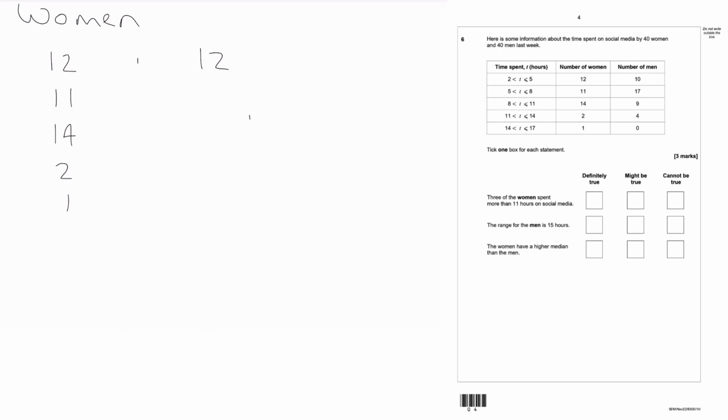So our first total is just 12 because we obviously started from 0. We then add the next value, which is 11, which brings us to 23. We then add 14, which takes us to 37. And then we add the 2, and we get 39, and then we add the 1, and we get 40. So one way to make sure you've done the cumulative frequency correctly is that the value in the final row should be the total sample size.